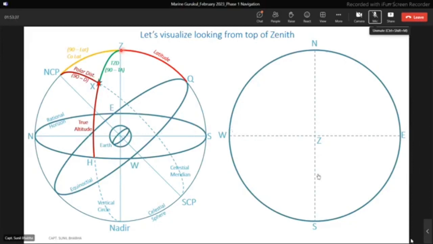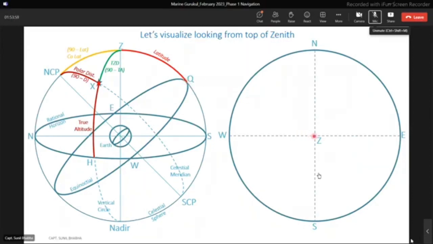Now from Z, if you move towards the south point, once you cover an arc equal to the latitude, you reach up to point Q. So let's mark off this Q point in our rational horizon diagram.